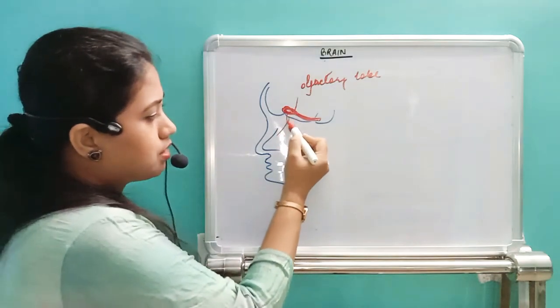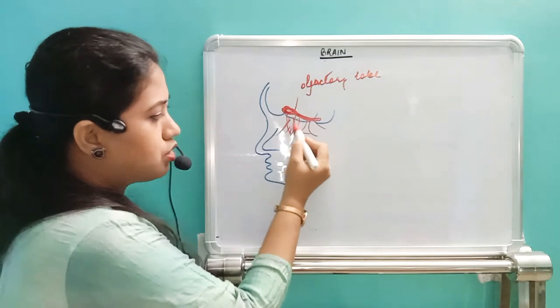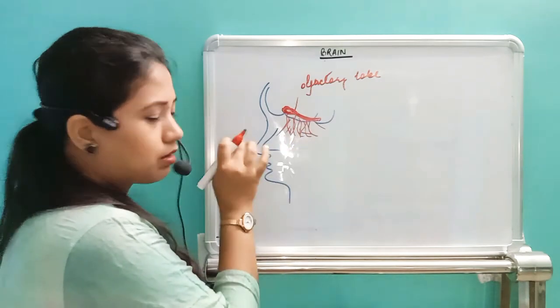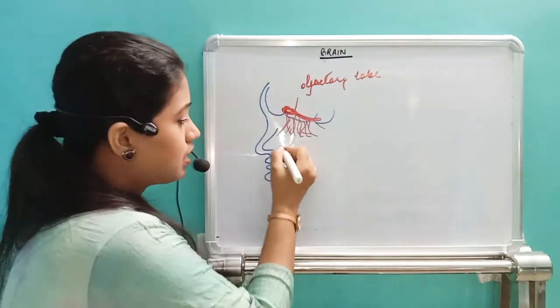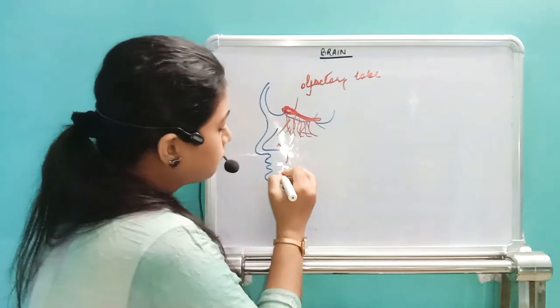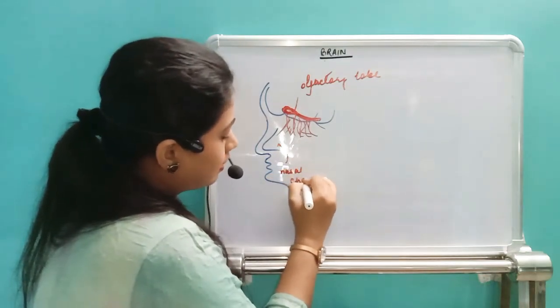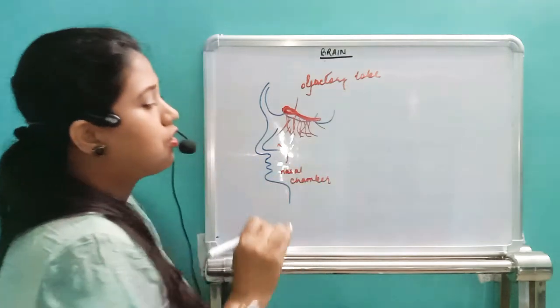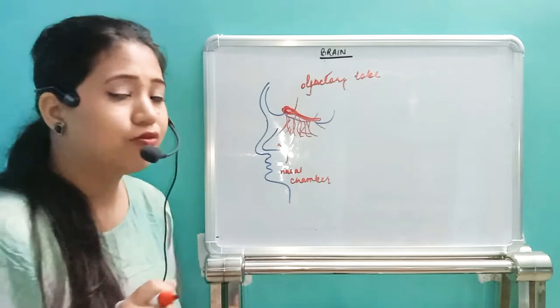From this some nerves will arise, and those nerves will come to the nasal epithelium of the nasal chamber. Okay, so this is about the olfactory lobe present in the forebrain.